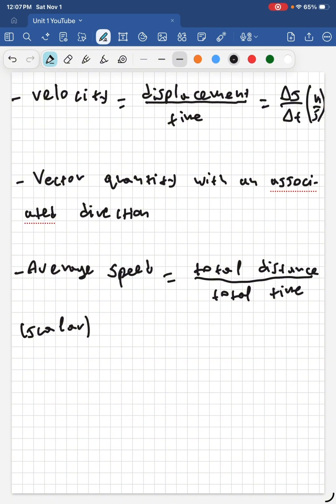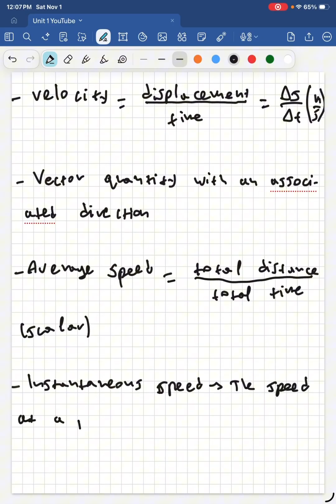So let's move on. The next one we will talk about is the instantaneous speed. Instantaneous speed, okay, which is the speed at a particular instance in time, something like that.